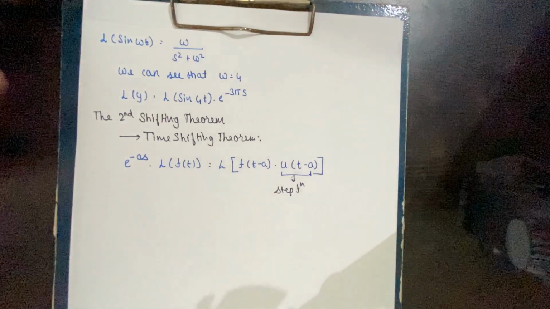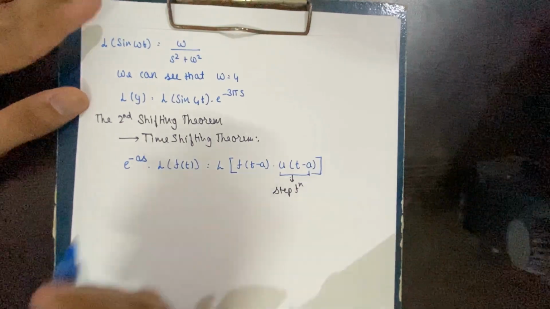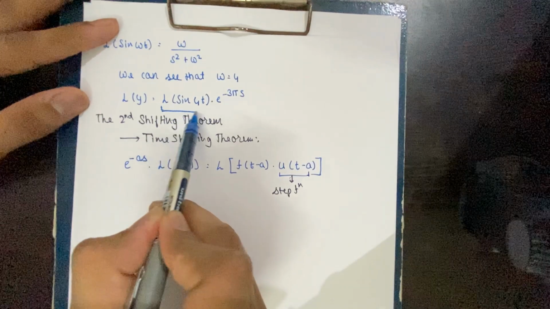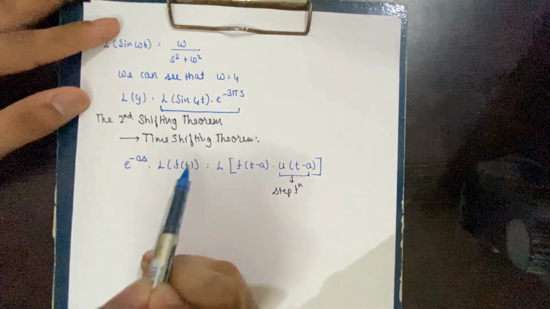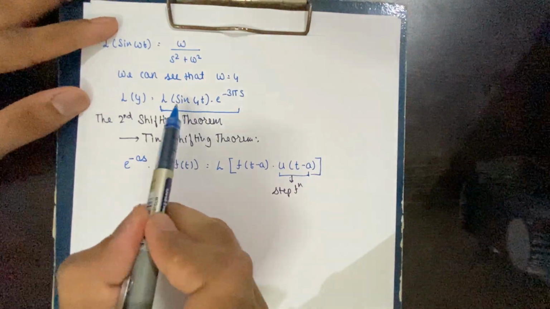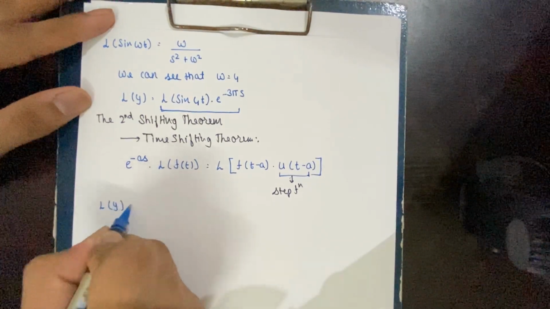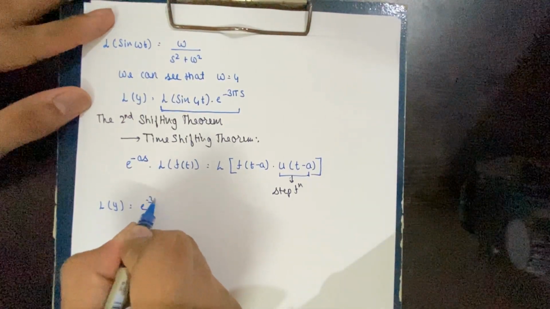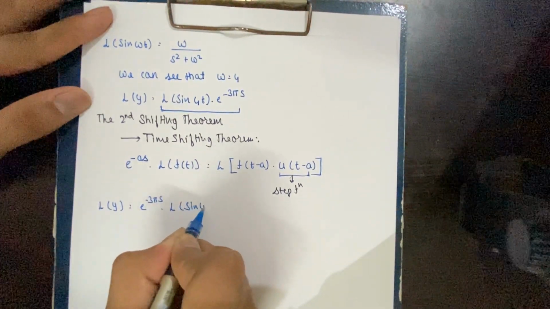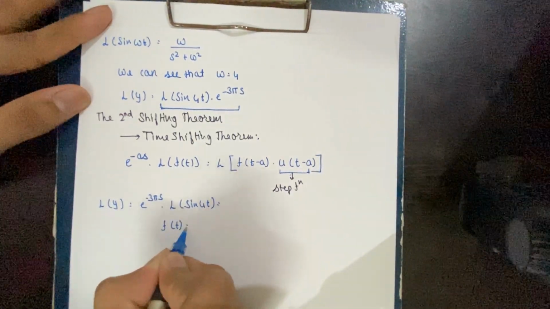So okay, fine. We can identify that this is in this form, where a is 3 pi obviously, and f of t is sine 4t. So L of y equals e power minus 3 pi s times Laplace of sine 4t.